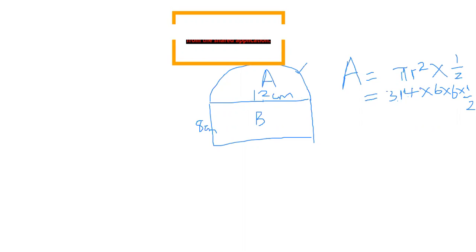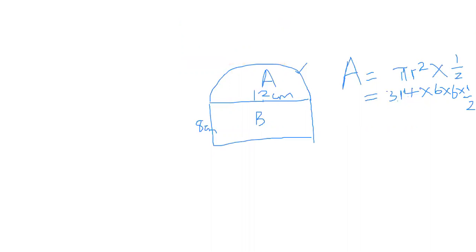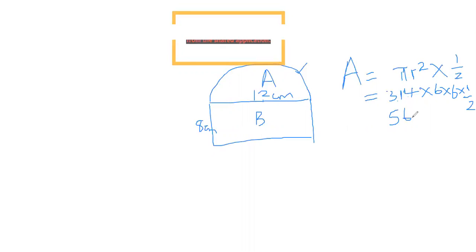So if we say 3.14 multiplied by 6, multiplied by 6, and then by 0.5, what are we going to get? We get 56.52 square centimeters.